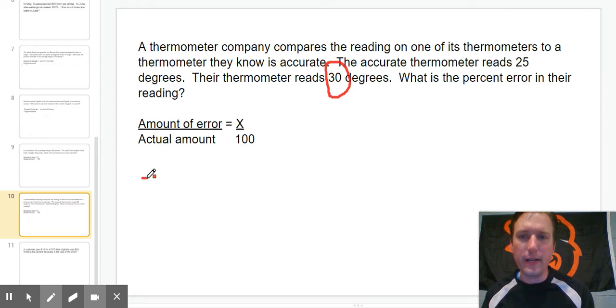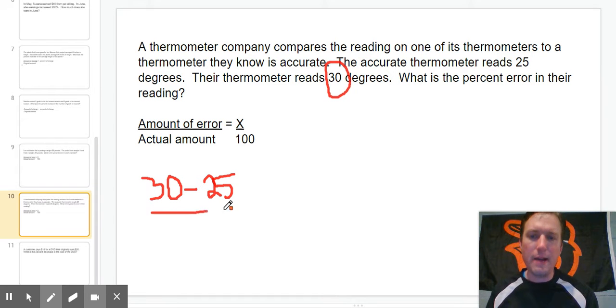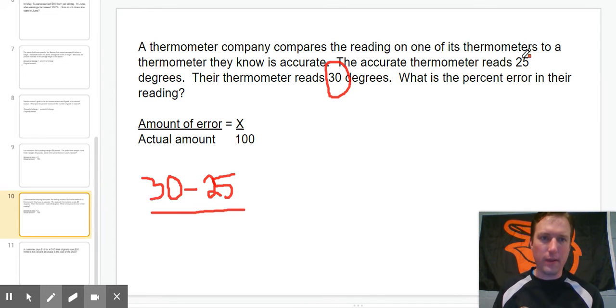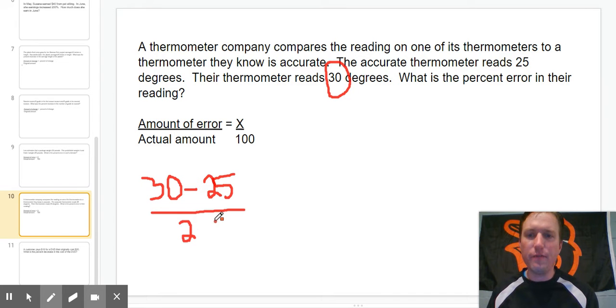So I have 30 degrees and I am going to subtract 25 from it, because that's the difference in the reading. And I'm going to divide that by what number? Well, I'm going to divide it by the actual number, the accurate reading, so I would be dividing that by 25. And that's going to equal x over 100.